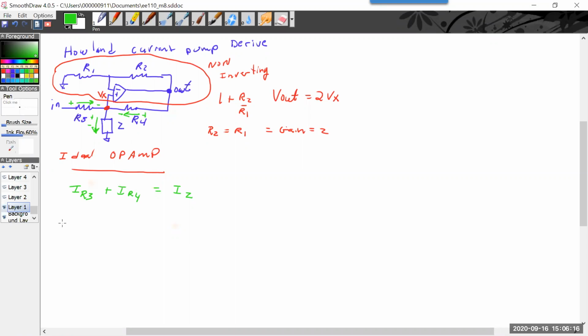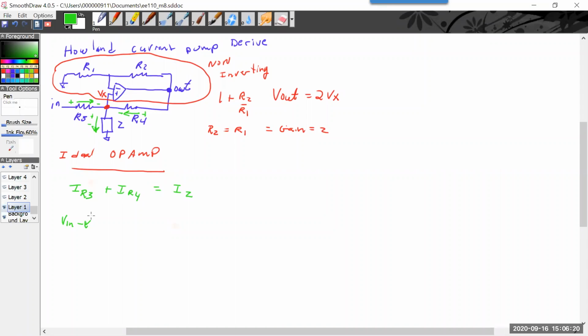So we have Vn minus Vx over R3 plus V out minus Vx over R4 equals Vx divided by Z.